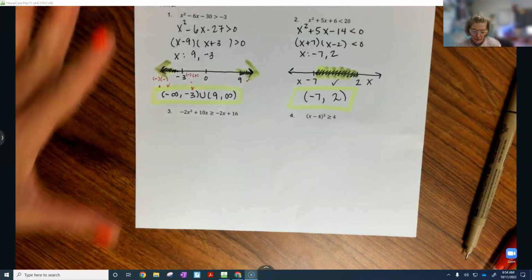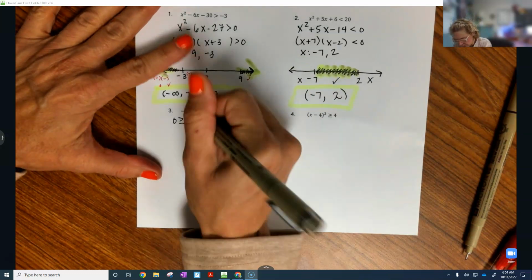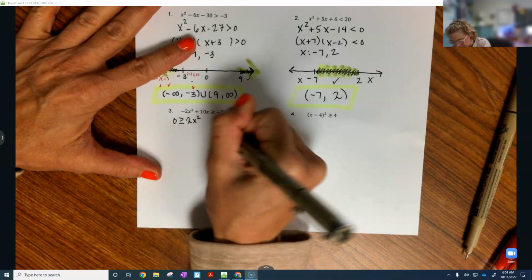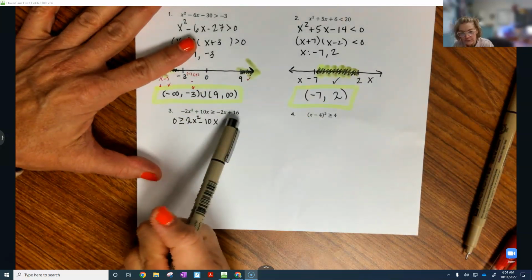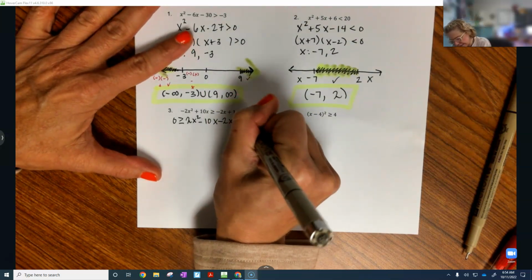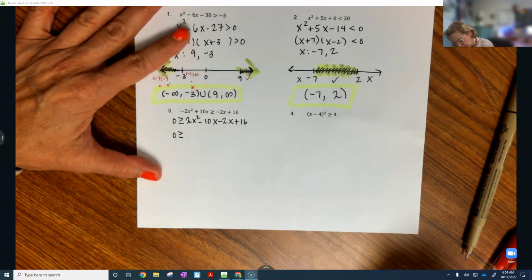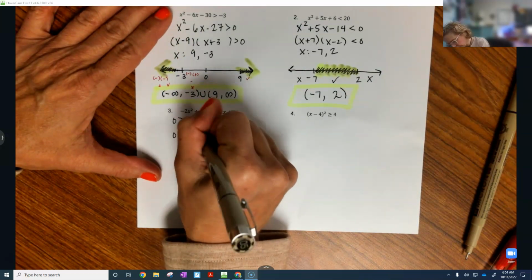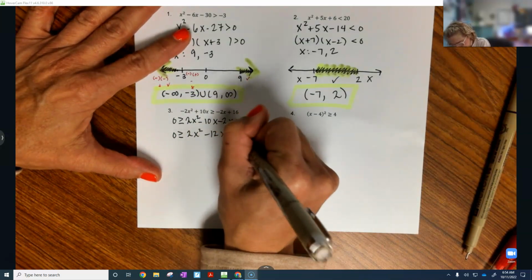So I'm going to rewrite the problem to look like this. 0 is going to be greater than or equal to positive 2x squared minus 10x. Remember, that stuff was already there, so I'm just going to recopy it. -2x and then plus 16. Let me go ahead and combine my like terms. So 0 is going to be greater than or equal to 2x squared, that's going to be a -12x plus 16.